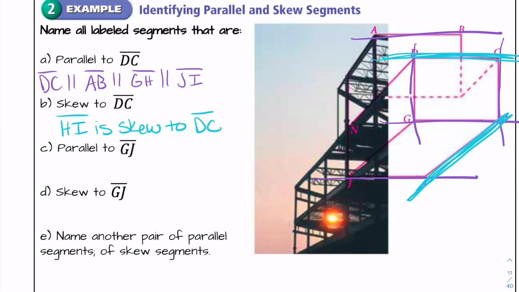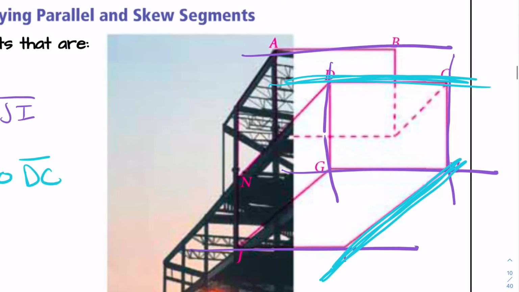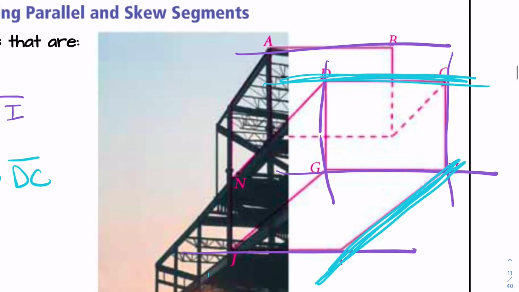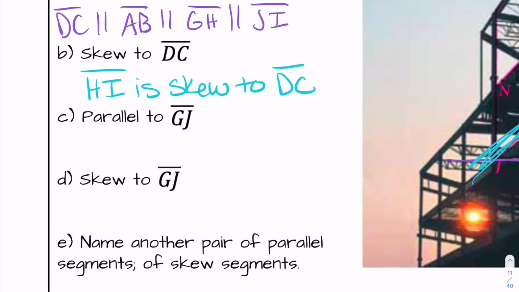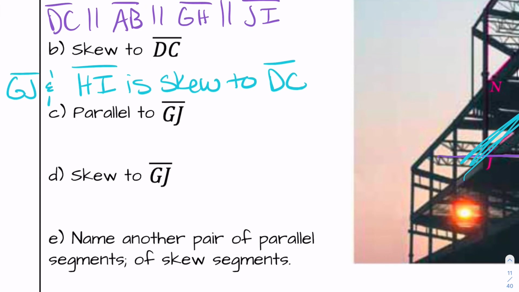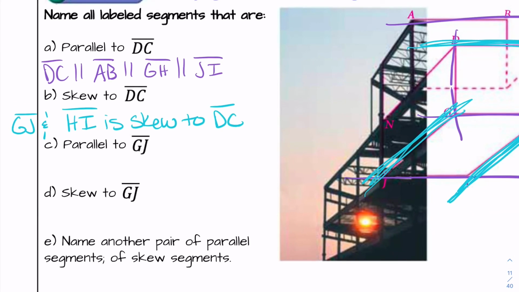Can we get creative? And some of you are going to say, hey, Mr. A, what about, oh, wait, you know what? GJ as well. GJ is skew. GJ and HI are skew.